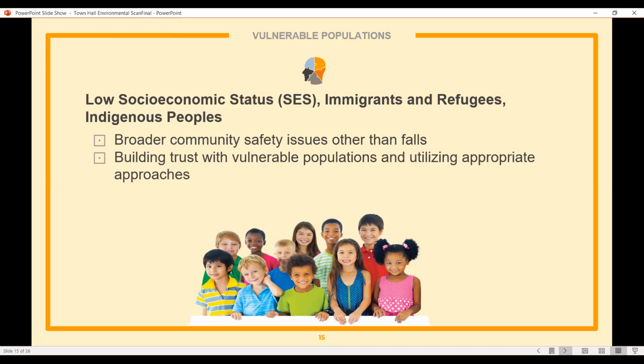And it's definitely something that if we do take into account, we should be focusing on working together and building trust with populations who are in that situation. For instance, some participants mentioned that the concept of risky play may not appeal to vulnerable populations because they have to attend to broader community safety issues.